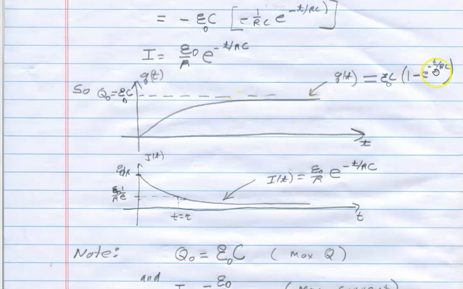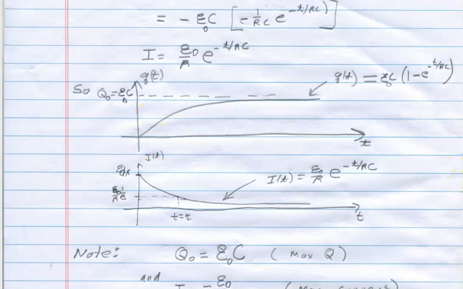And ultimately, as t goes to infinity, e to the minus infinity goes to 0. And so it asymptotically approaches this value E naught times C. This term drops out, and I'll denote that by Q naught. That's really the final value, the maximum value that the capacitor can have once it's fully charged.